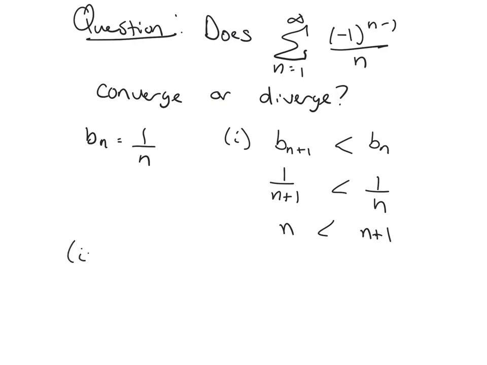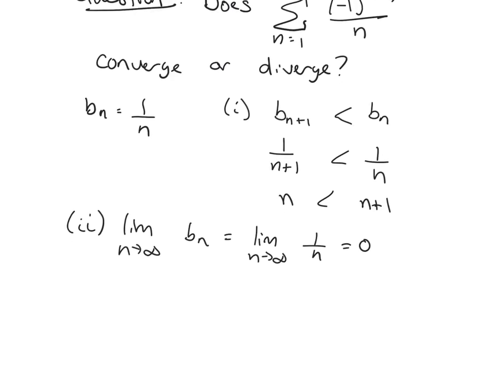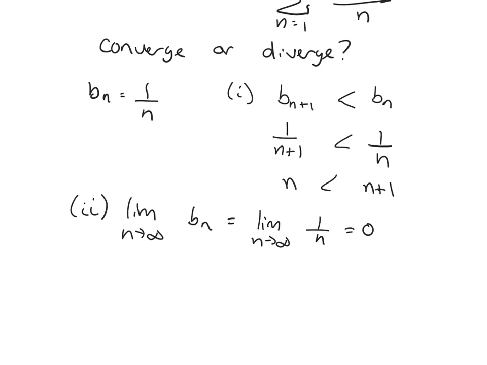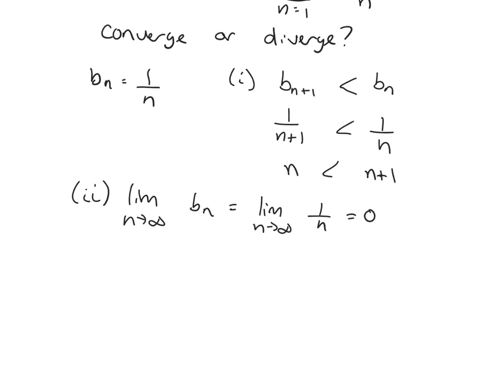And I'm going to now take the limit of b_n, 1 over n, that's 0. So what's my answer? Does the series converge or diverge? The alternating series test only tells us a series converges.